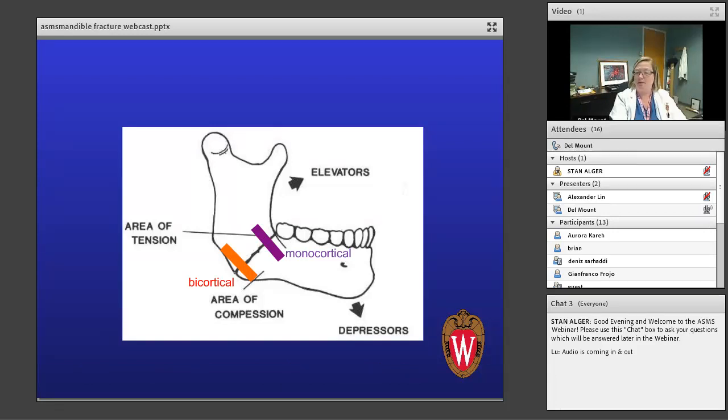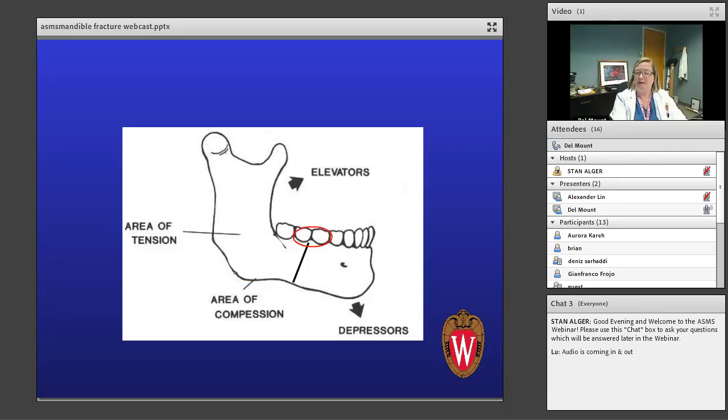And this is where we're going to place our bicortical plate if we're plating at the caudal edge of the bone. Why not a bicortical plate and screw fixation up at this proximal edge? Well, because the tooth root for the second and third molars, and sometimes even the third molar, is involved in this. So we want to stay with just a monocortical screw at that area so that we don't injure the dentition.